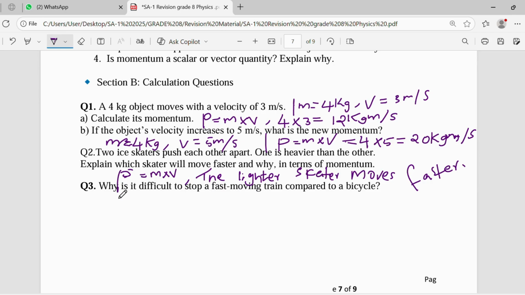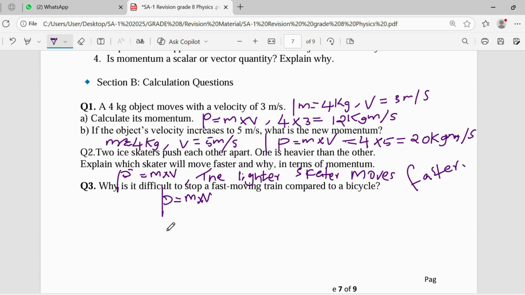Now coming to question number 3, why is it difficult to stop a fast-moving train compared to a bicycle? This is also related to momentum. As we know, we can write the equation for momentum as P equals mass times velocity.